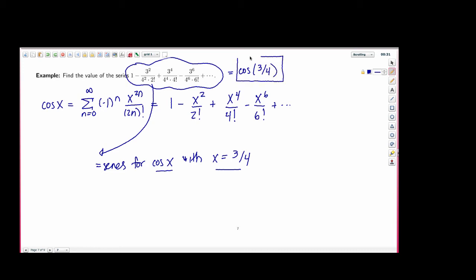And again, this is useful because if you need to know the cosine of 3/4, that's not one of the exact angles on your unit circle. So you're simply going to take this series on the left, add up the first several terms, and that gives you your decimal value for cosine of 3/4.